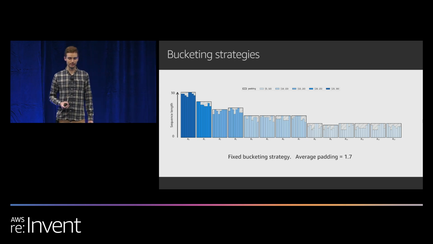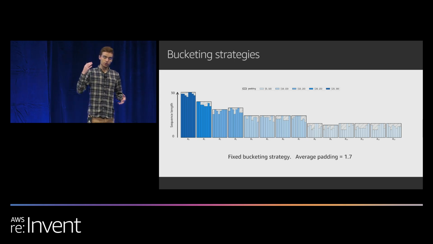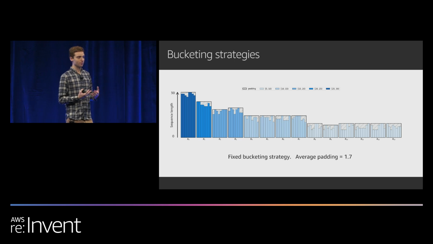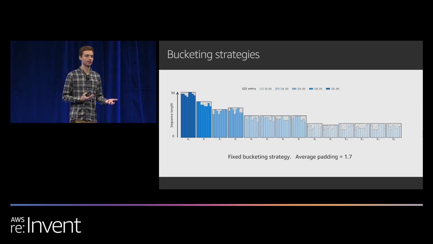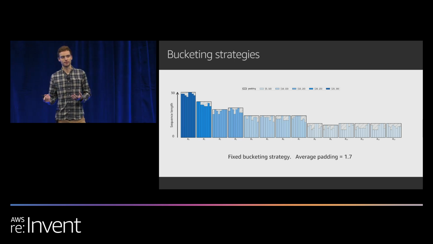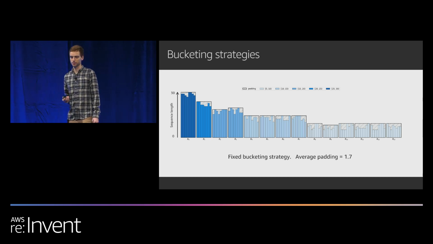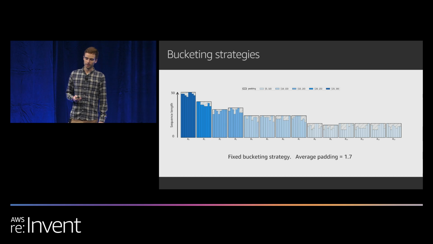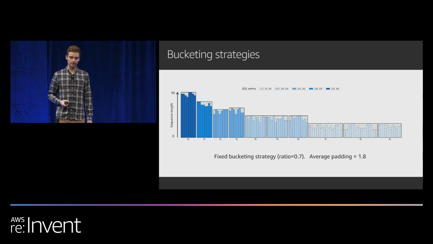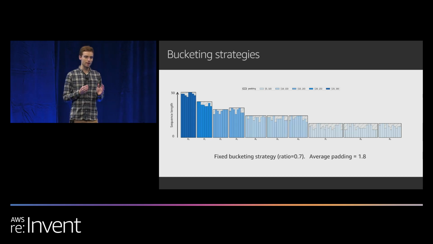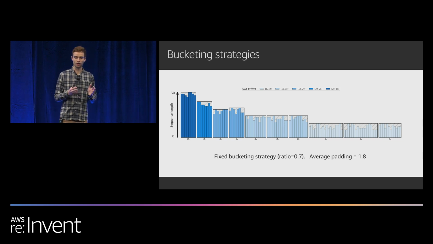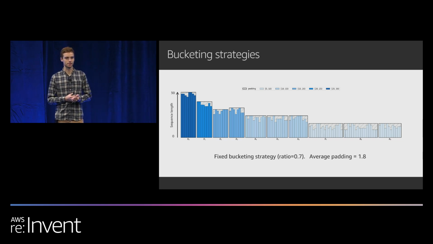A quick fix is to shuffle all of your samples and put all of the long documents in the same bucket and all the short documents in another bucket. And using this approach, we can reduce the padding to 1.7. So that's much, much improved. But even better is to change the batch size depending on the length of the sequences.